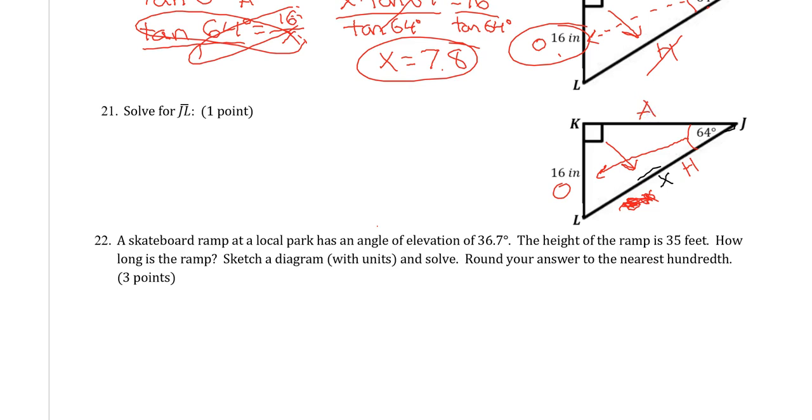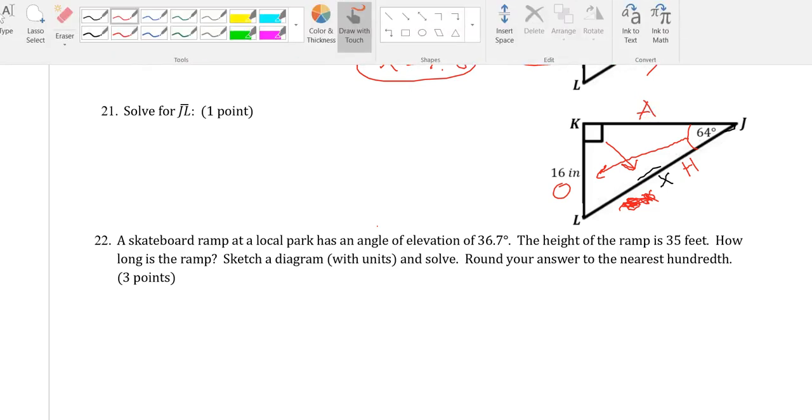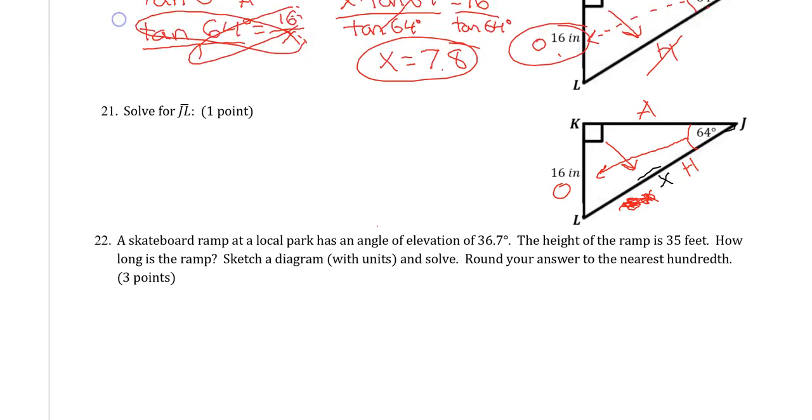So again, what do I know? Or what am I going to use? I want to use my opposite side and my hypotenuse. Again, you can look up at SOHCAHTOA, but opposite and hypotenuse is going to be sine. So sine of 64 is going to equal 16 over x.